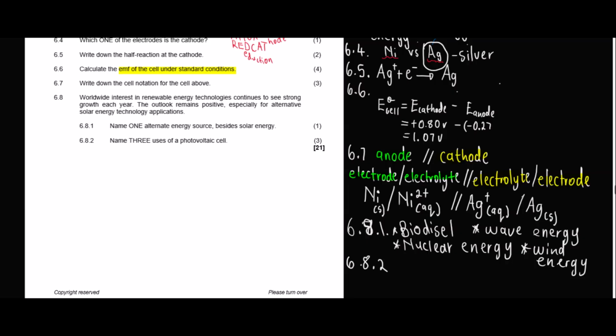8.2, name 3 uses of a photovoltaic cell. Right, they want 3 uses of the photovoltaic cell. So we know we've got a lot of uses for that. We can talk about pumping water. You can pump water from the ground, from underground.